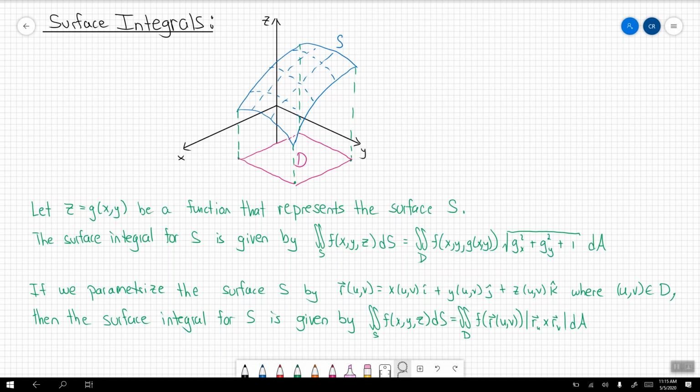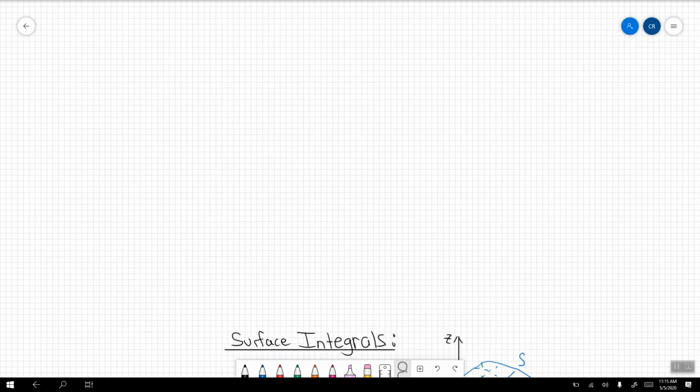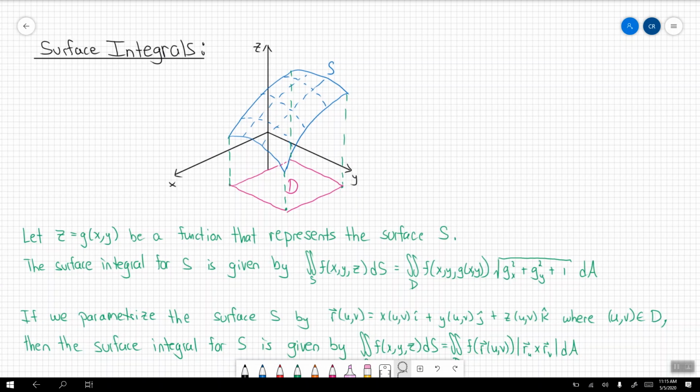So this is going to be equal to the double integral over the domain that is restricting that surface. When we do that, we have to make our substitutions for what we know: what's x, what is y, and what is z. Notice that we already defined z to be g of x, y.